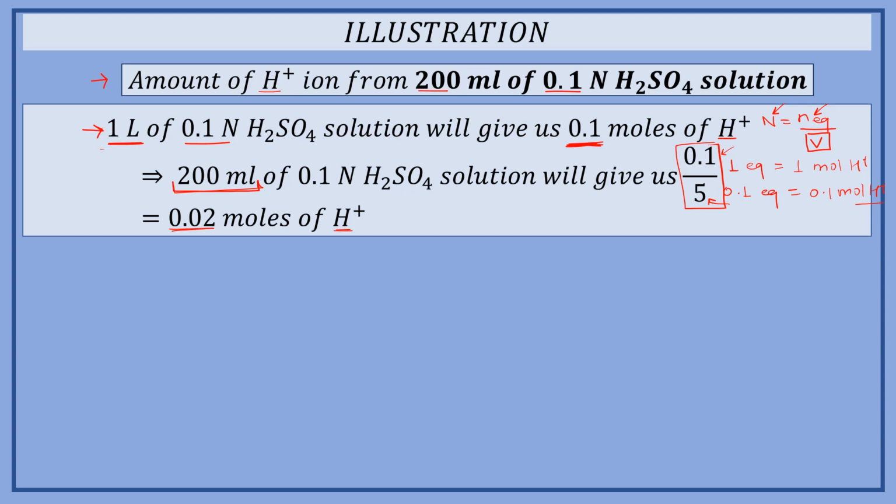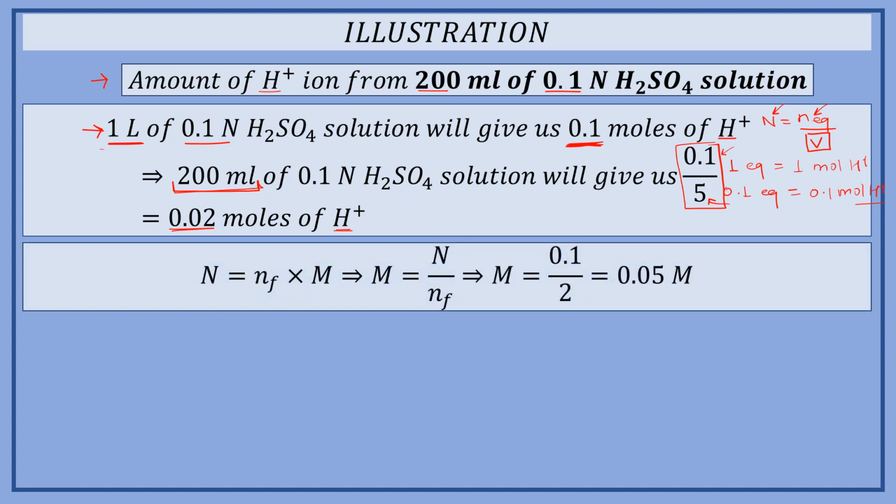We have arrived at this concentration by following the definition of normality. Now let us see the mathematical approach and whether it leads us to the same conclusion. We just derived the relationship that normality is equal to n factor times molarity. Molarity can be written as normality divided by n factor.